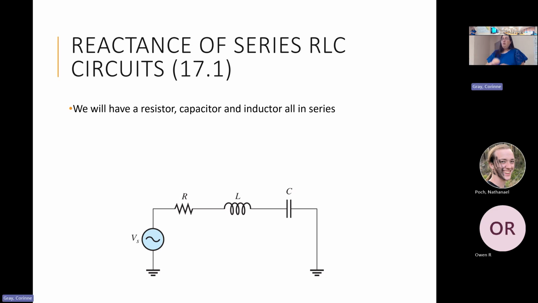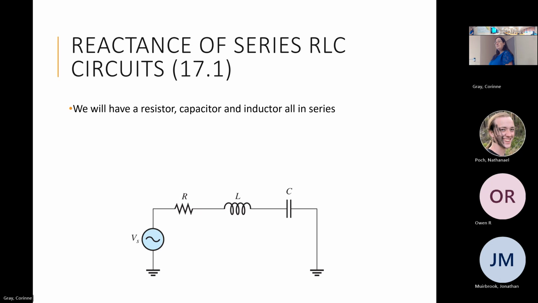So let's think about how we've been dealing with the RL and the RC circuit. We were dealing with things in the real and imaginary planes. Which circuit component or components was real? Which one did not have the J?